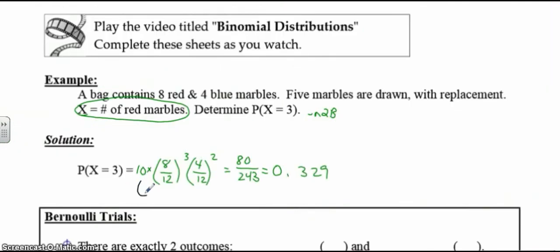So in order to get this 10, you had 5 marbles drawn, so that is your n value. We were interested in 3 favorable outcomes, so that's your x. So that 10 was actually found by 5C3.